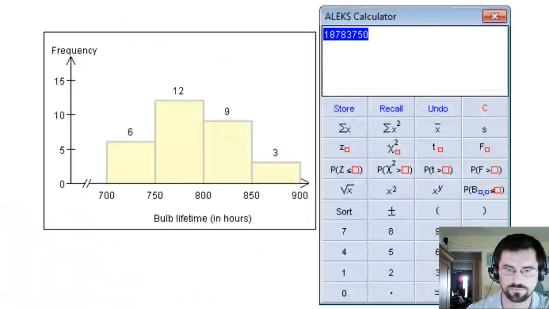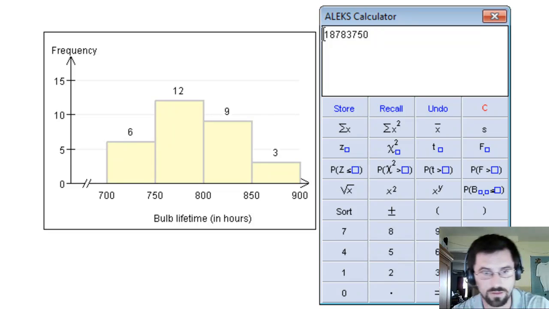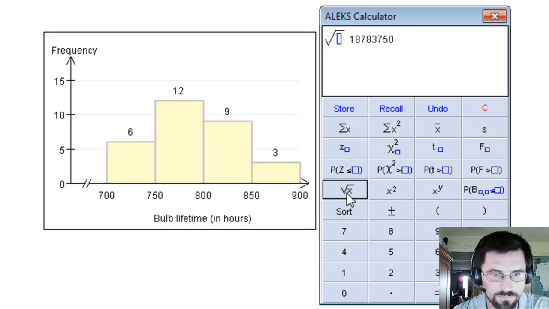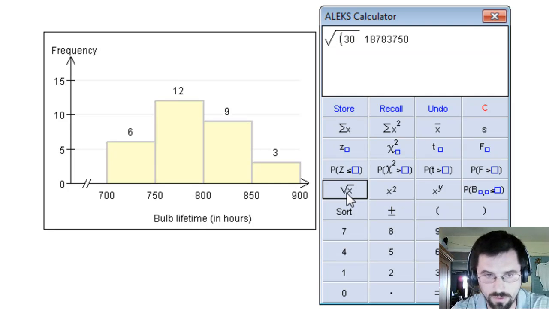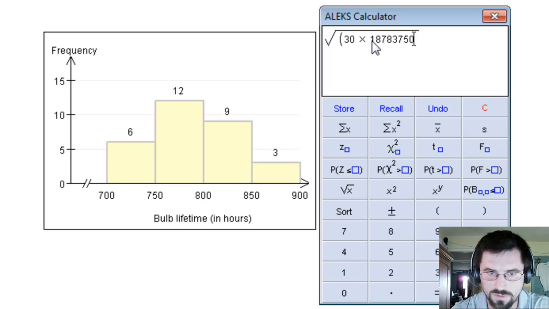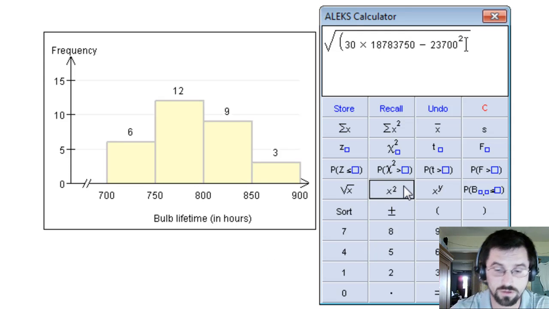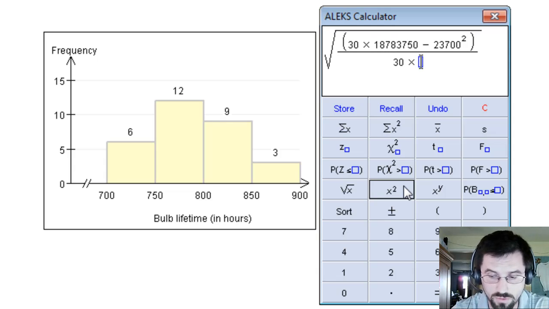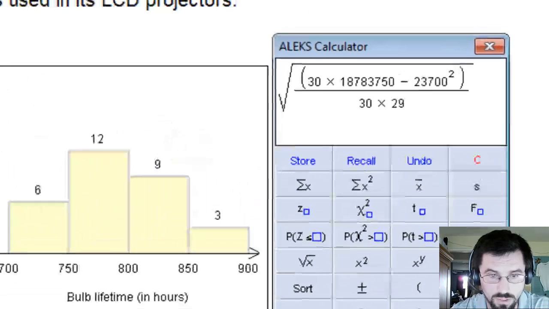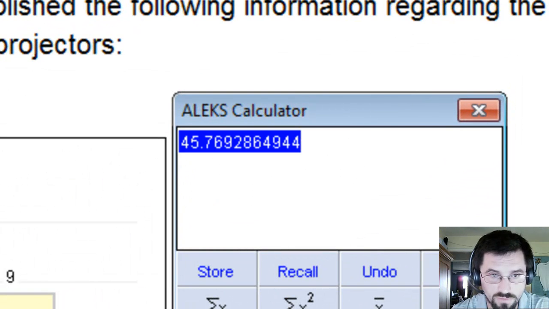I'm going to hit square root and a parenthesis, then 30 times 18,783,750, minus 23,700 squared, close the parenthesis, and divide that by 30 times 29. When we're done, we hit enter.